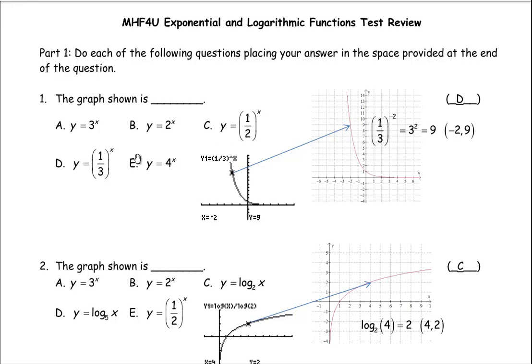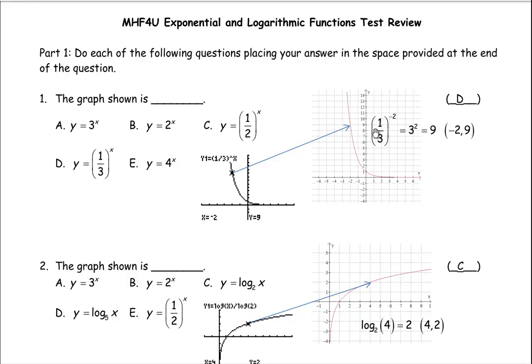So let's check and see which one is the right one. What you can do is locate a convenient point on the graph. For example, this point right here is the point -2, 9. So if I put -2 in place of x either here or here, which one gives me the y-coordinate of 9? If I take this graph right here, the third, and put the -2 in place of x and evaluate that, notice I have a negative exponent.